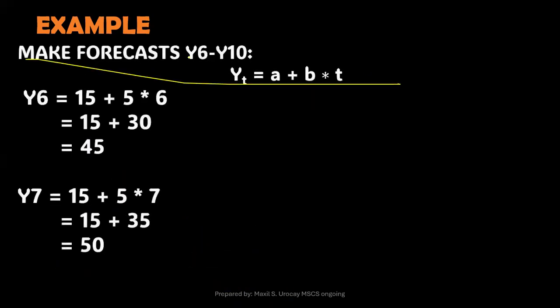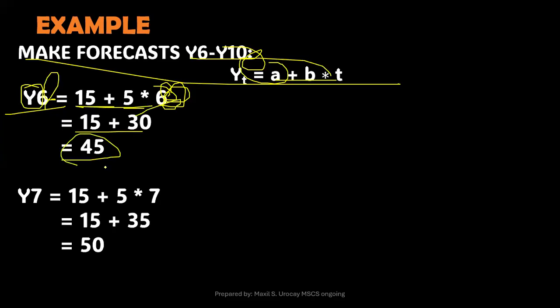So to forecast y6 to y10, since yt is equal to a plus b times t, y6 becomes 15 plus 5 times 6, since 6 is the period. 15 plus 5 times 6 is 15 plus 30, which equals 45. For y7, it becomes 15 plus 5 times 7, 15 plus 35, and it will become 50.